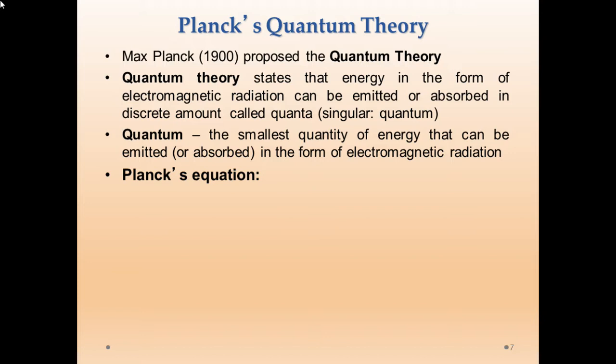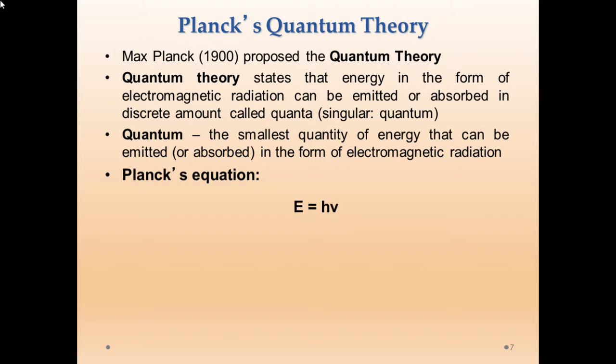It can be emitted or absorbed in a discrete amount called quanta, a very small amount. A quantum is actually a small quantity of energy that can be emitted or absorbed in the form of electromagnetic radiation. Again, this refers to the spectrums that we have labeled earlier.